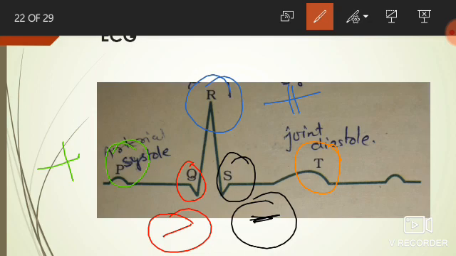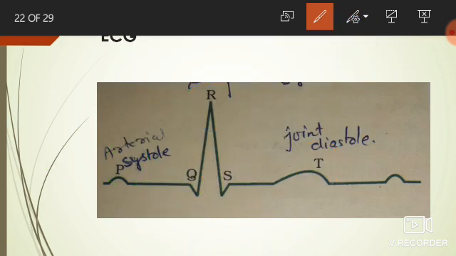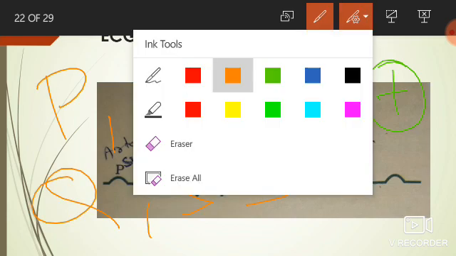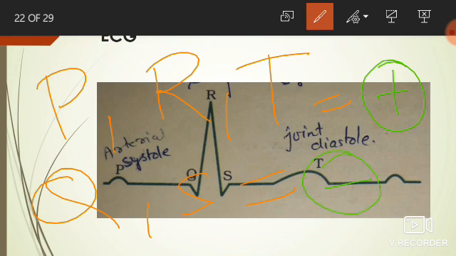And T wave is above the line, so it is positive. So, P waves, R waves and T waves are positive waves and Q waves and S waves are negative waves.